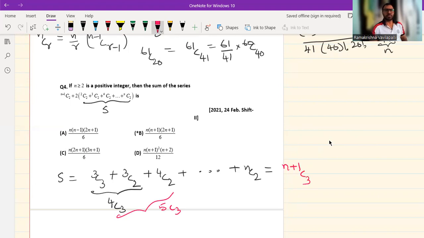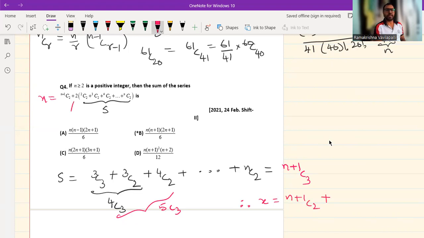Well, suppose this expression is some x. Now what is x? So x equals (n+1)C2 plus 2 times (n+1)C3.